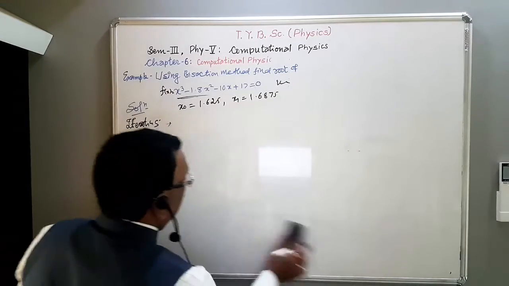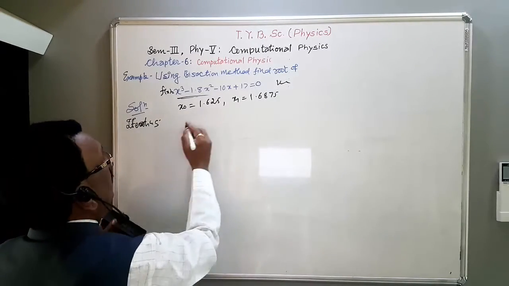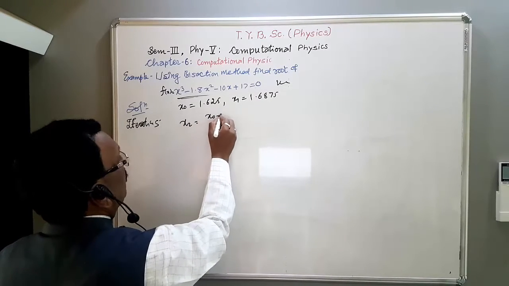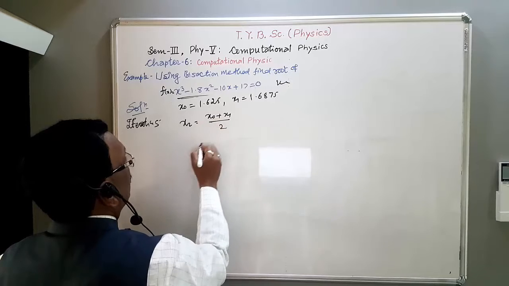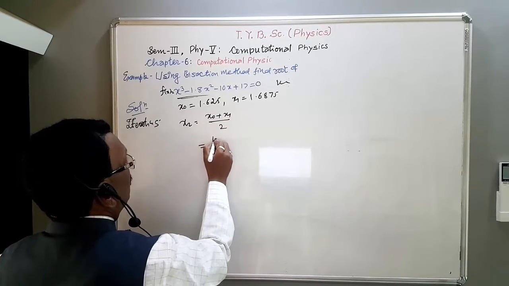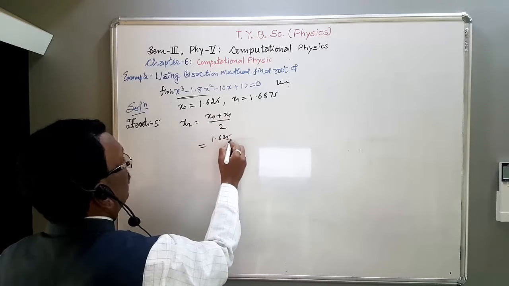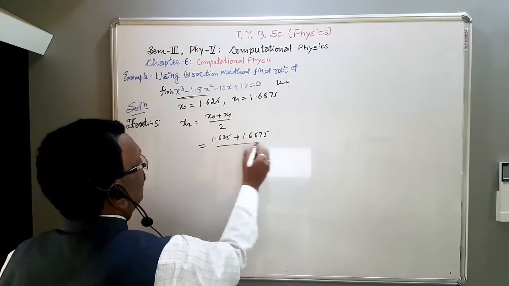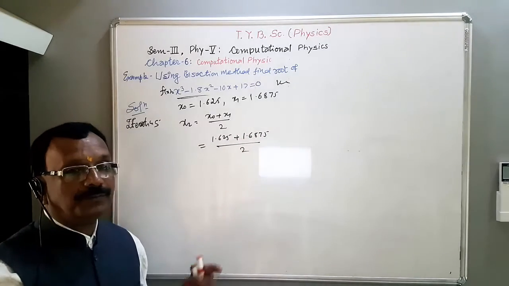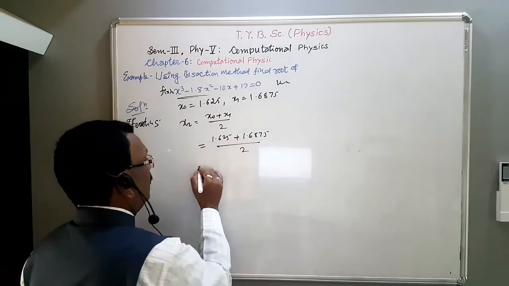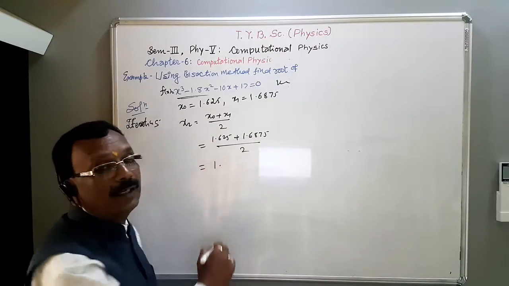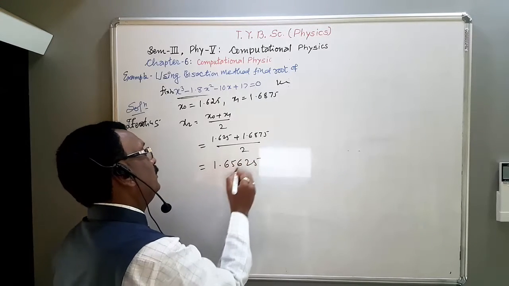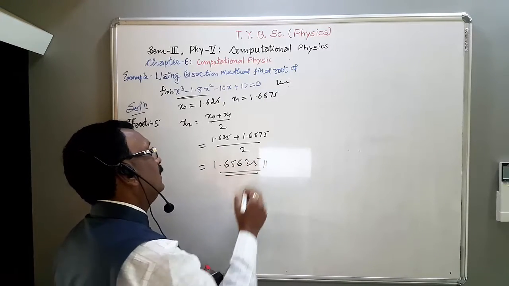Again from these two values calculate the midpoint. x2 is equal to x0 plus x1 upon 2. Substitute the value of x0, that is 1.625 plus 1.6875 divided by 2. Now solve this. We will get 1.65625. This is the value.